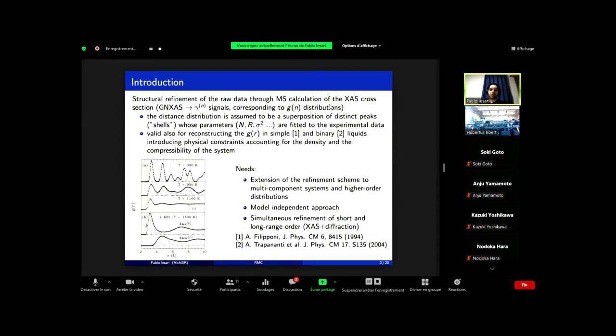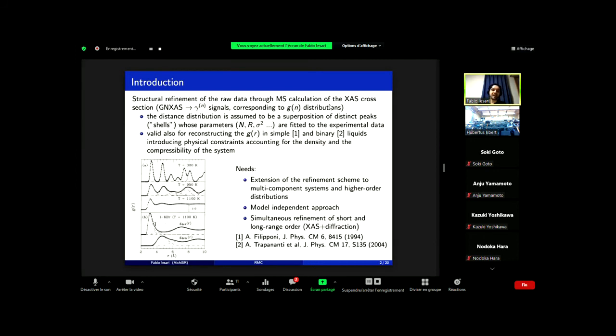So how to fit this with the peak fitting approach? Well, actually for simple systems, monatomic and binary, the peak fitting scheme can still be applied, but it's more cumbersome. You need additional information and constraints to treat this in a correct way.